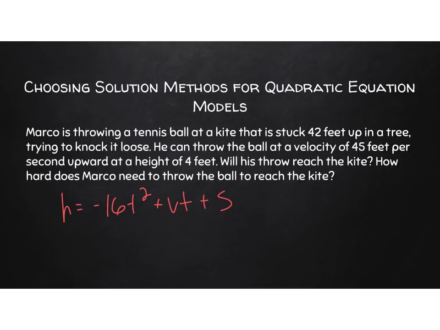So as we look at this, we get negative 16t squared plus our initial velocity of 45 feet per second, and then our starting height is 4, because it's the starting height of the tennis ball being thrown. And then our final height is what we're hoping to get to, which is 42.